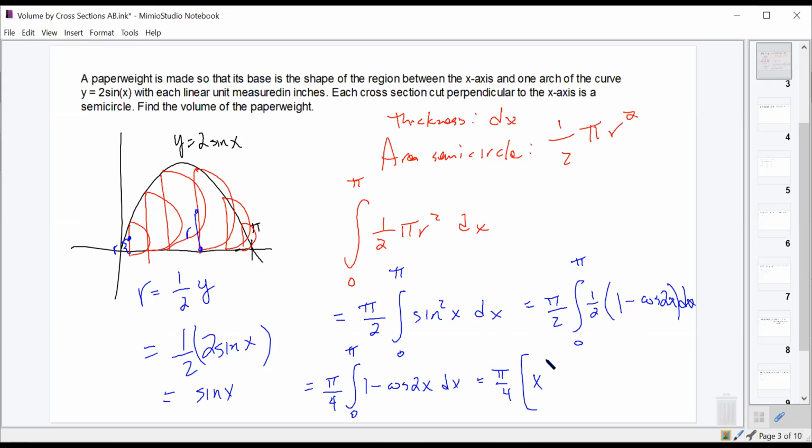Oh, 1/2 sine 2x. Right, minus 1/2 sine 2x. And that needs to be evaluated from 0 to pi. So we'll just plug those values in and figure out what we get.